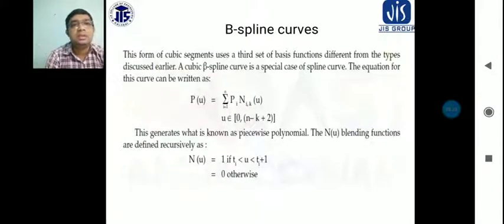This form of cubic segments uses a third set of basis functions, different from the type discussed earlier.